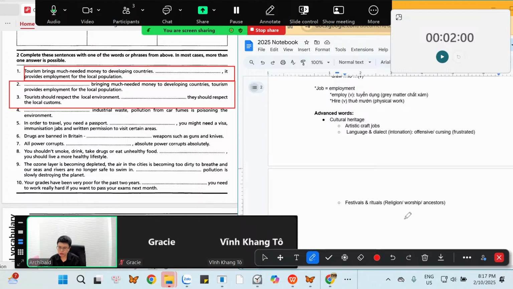So once tourists come to Vietnam, they see the way that people build architecture to worship and show the gratitude to the ancestors. The tourists are very impressed by this kind of ancestor worshiping. And some people have religions such as Buddhism or Christian or Catholic.